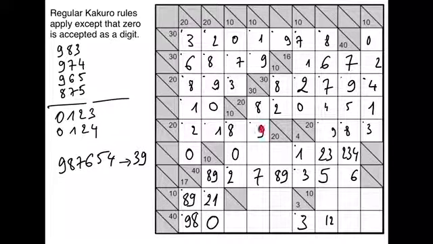Now we have 24. Those three digits must add up to 6. This is at least 2. This is at least 1. This is at most 3, but it could still be 2, 4, and 0.